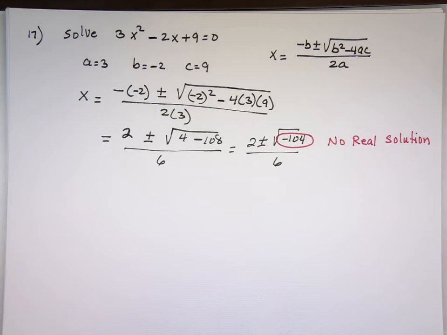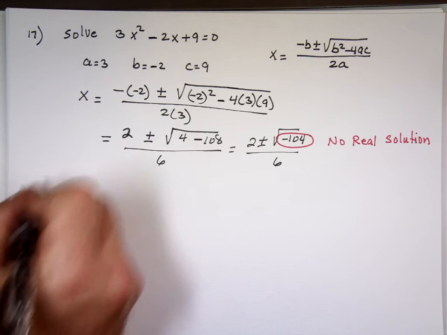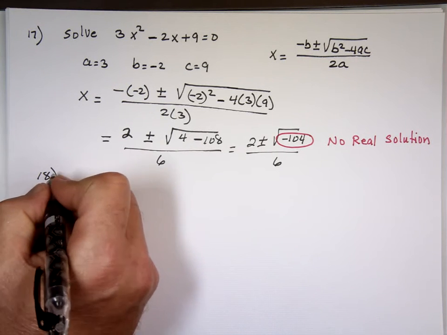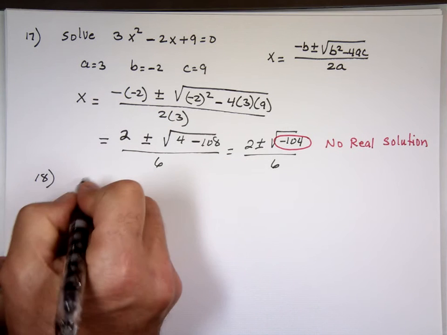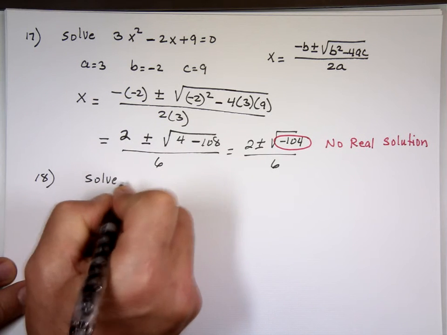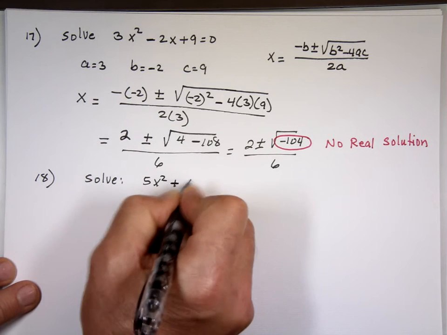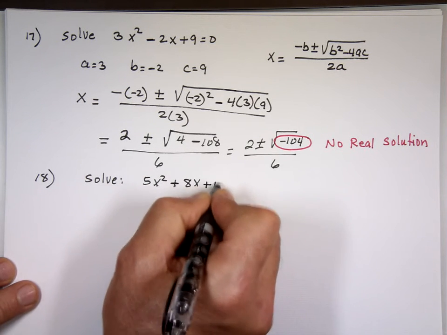Let me try another one. Solve 5x squared plus 8x plus 10 equals 0.